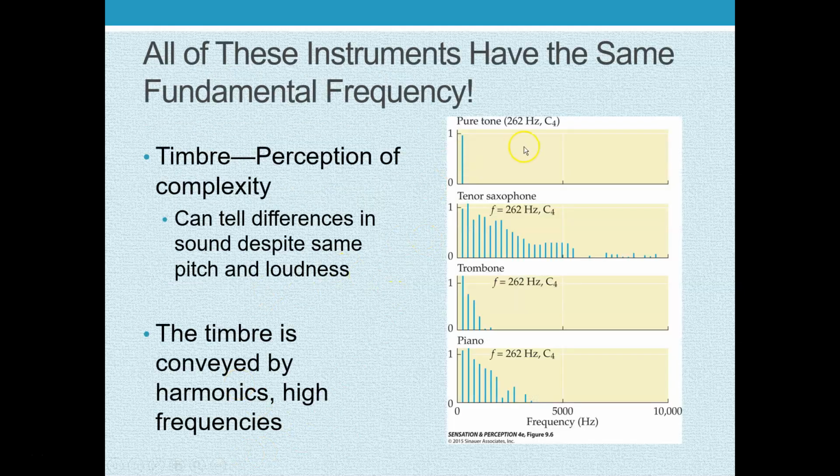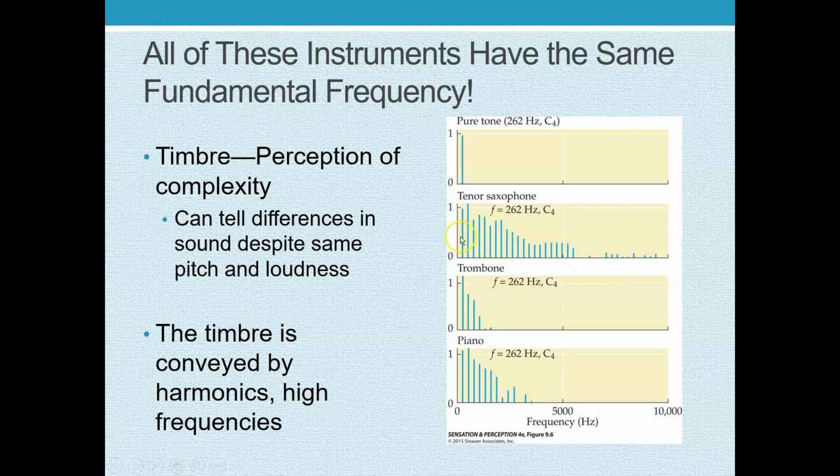So here's something kind of interesting. We're going to look at all of these different instruments here. Here's a pure tone at 262 hertz, corresponding to a C note. Here's a tenor saxophone, a trombone, and a piano. They're all playing the exact same note as this pure tone. But notice that depending on the instrument, we have more harmonic spectra that are actually involved.